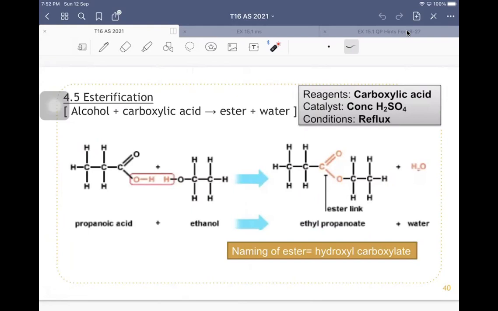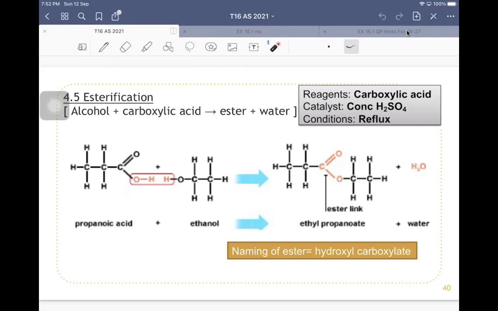The reactants for an esterification reaction would be alcohol plus carboxylic acid. The catalyst would be concentrated sulfuric acid, and then you heat it under reflux. Here you have an example of propanoic acid as your carboxylic acid and ethanol as your alcohol.